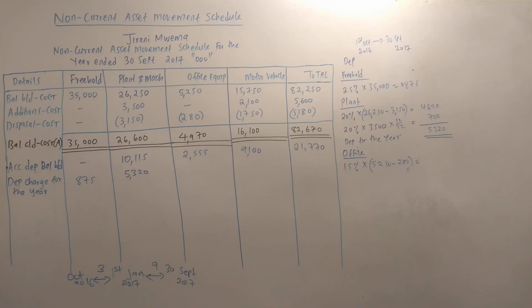Now we had an item of 5250, which we sold, so we remove it from our account. But it was only used for some period, not the whole time. So we need to consider the depreciation of the item for this period that was not considered.